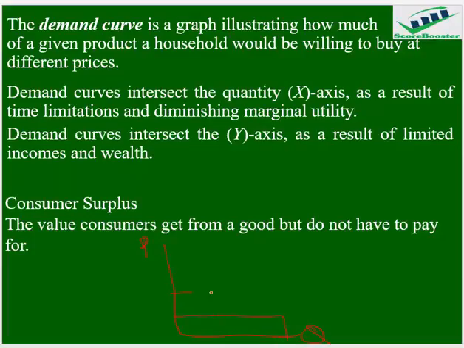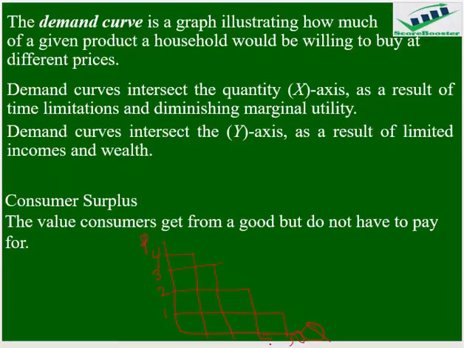When the price is 2, he has 40. When the price is 3, he has 30. When the price is 4, he has 20. So 1, 2, 3, 4. Here is 50, here is 40, 30, and 20.